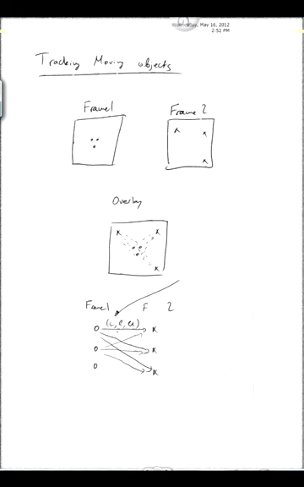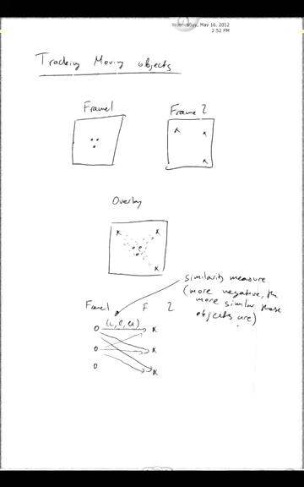You can think of the cost here as a similarity measure. And the similarity measure is more negative the more similar these objects are. Similarity could be determined by a lot of things.